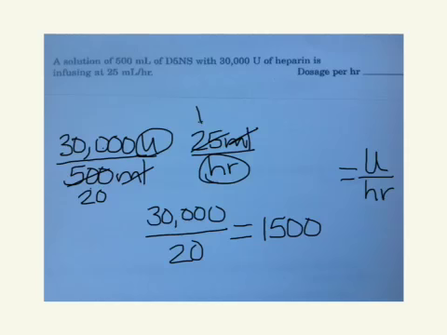And so you are infusing 1,500 units per hour. Okay, so that's the dosage per hour that they were asking for. So let's move on to the next one.